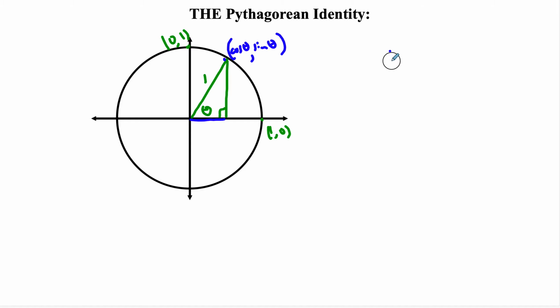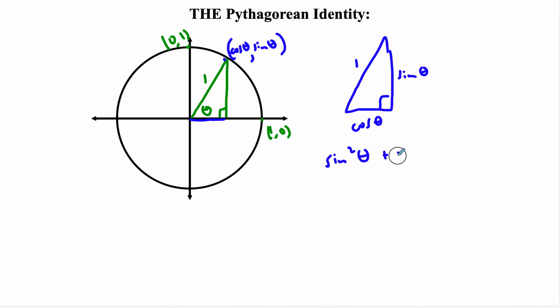Which means in reality I've got a right triangle where the hypotenuse is 1, the side length of the x is cosine theta, and the side length of the y is sine theta, which means that sine squared theta plus cosine squared theta is equal to 1, or 1 squared. That is the basic Pythagorean identity. So you can see why it's called a Pythagorean identity.